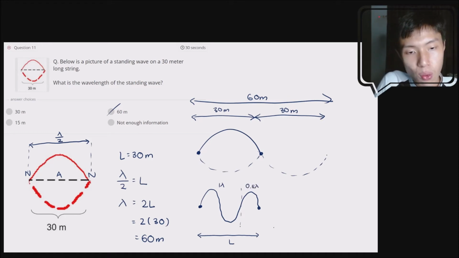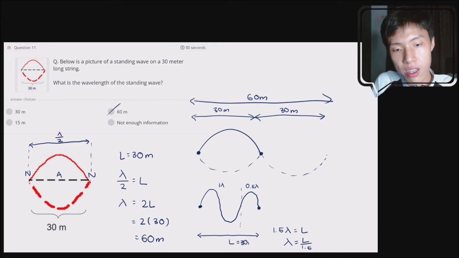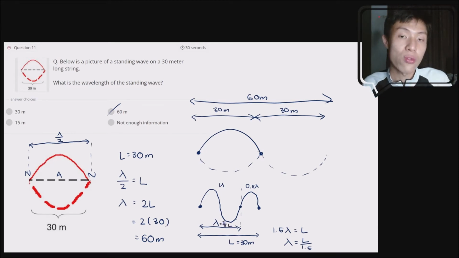So 1.5 lambda is equal to the length of the string, and you can determine your lambda by taking L divided by 1.5. Or if you know the length of the string here is 30 meters, then you can determine the length of the wavelength over here. The wavelength will cover from here to here, right? So this is the wavelength. It's 2 over 3 of L. So that's one way to do it straight away as well.